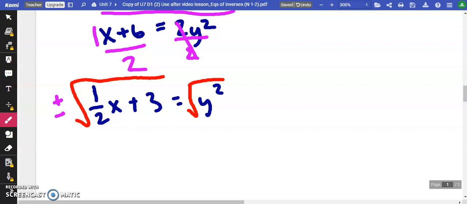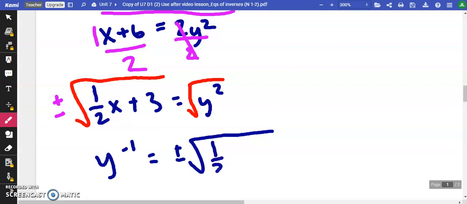So my inverse is going to be positive or negative square root 1/2 x plus 3.